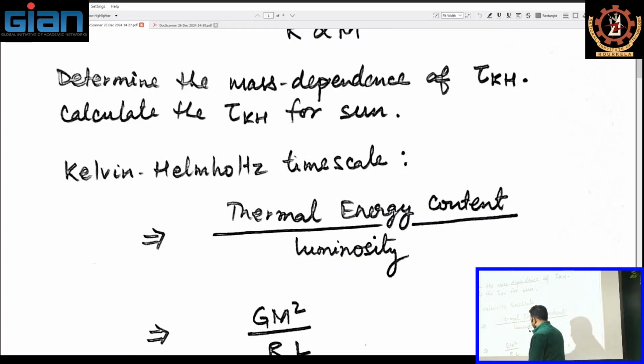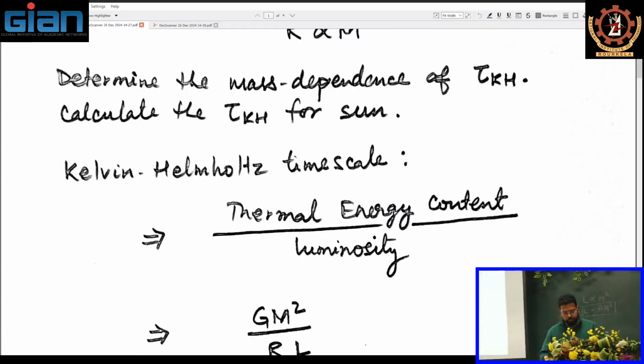What is luminosity? Energy per unit time, right? So this energy is divided by energy per unit time, and obviously the unit of energy cancels, and you are left only with time. Okay, that's fine.